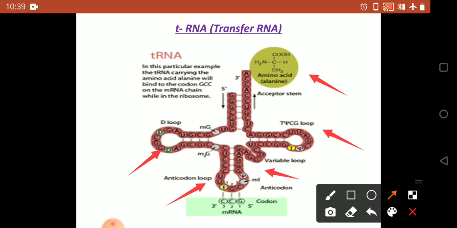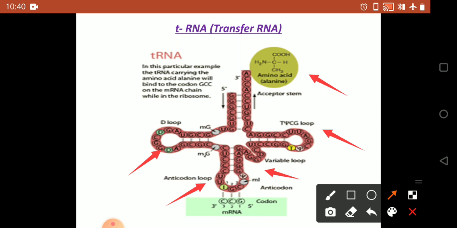What is the function of each arm now? Each arm has a stem and a loop. Branching is there, and along with that loop formation is also present. Stems are paired by nitrogenous bases and loops are unpaired.